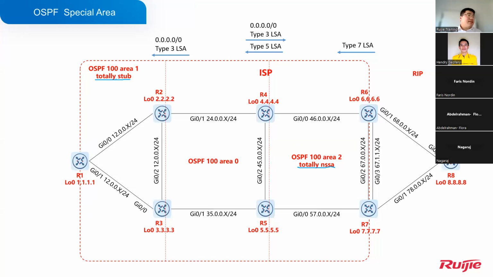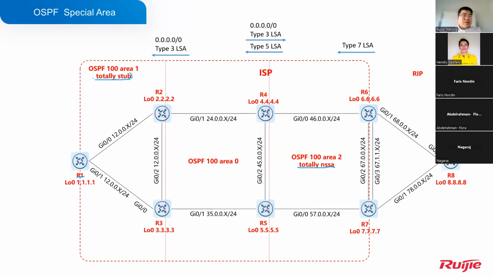Reduce flooding, right? Okay. No matter in which case, we use the special areas to reduce the LSAs and the number of route entries. If we do not set area 1 to be totally stub, R1 can learn the detailed routes of the whole network.